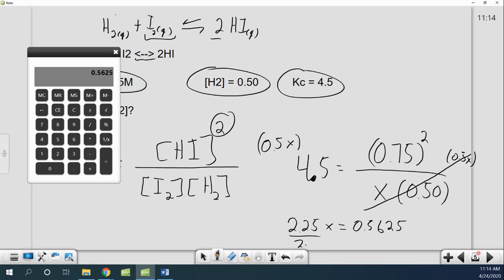Divide both sides by 2.25. And x equals, where's my divide button? Divide by 2.25. What? That's not right. That answer makes no sense.